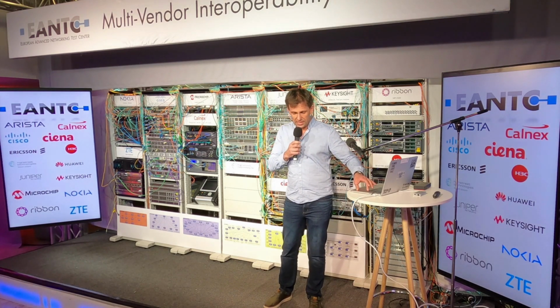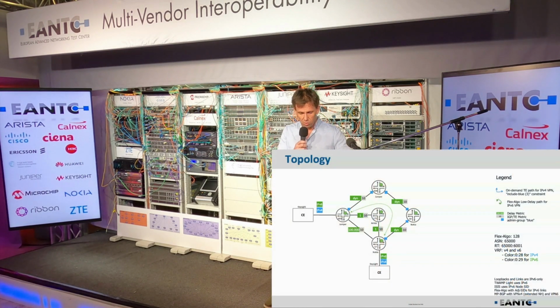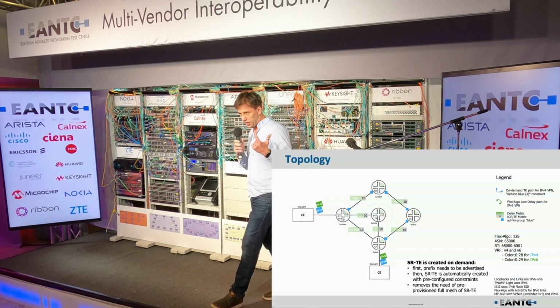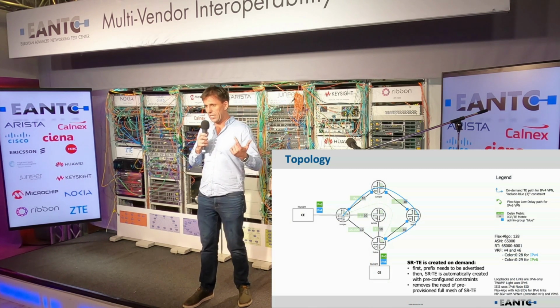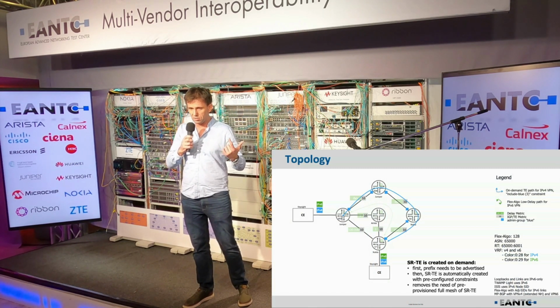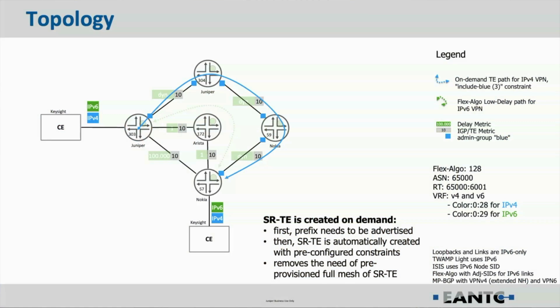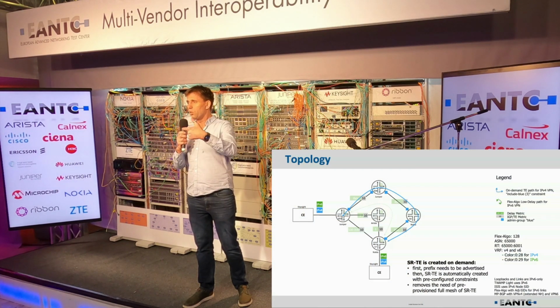Then let's add some more complexity to this, and we will add fine-grained traffic engineering. These SRTE tunnels that will exist are actually triggered by the MP-BGP update. So first, the PEs exchange the prefixes, they send the prefixes out, and automatically your ingress device will create an SRTE tunnel based on the template that you have predefined.